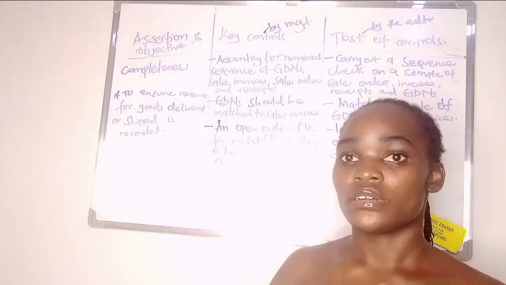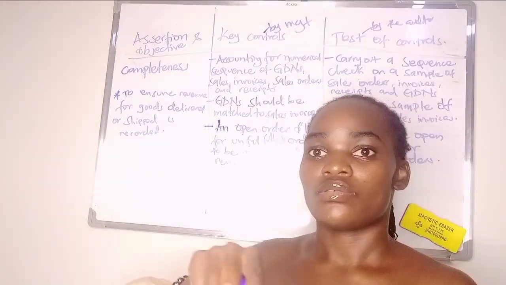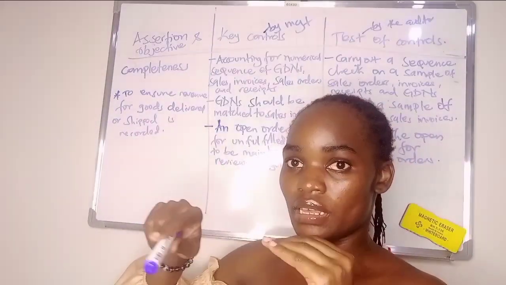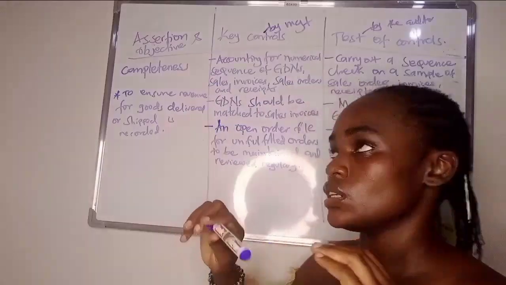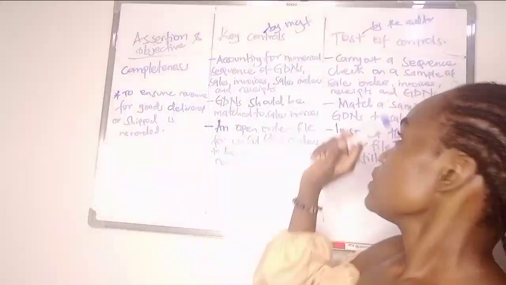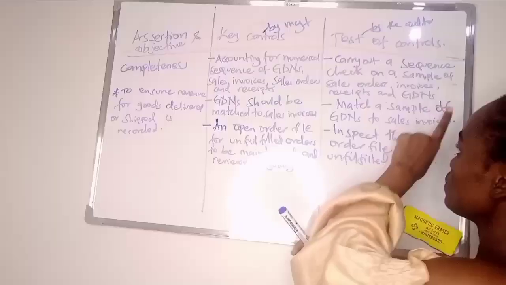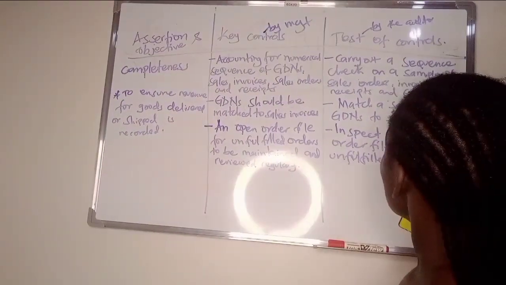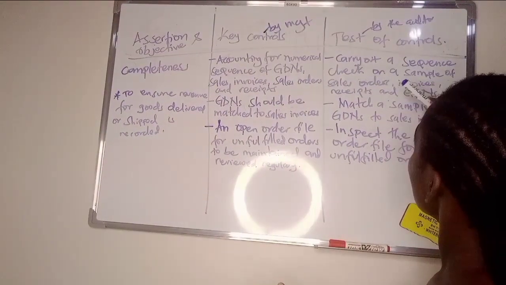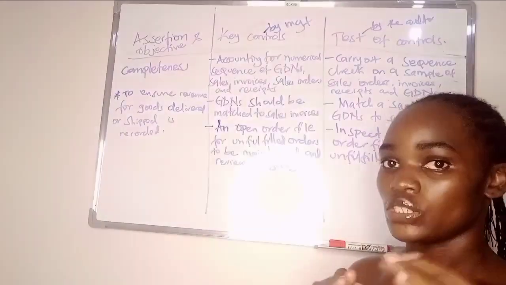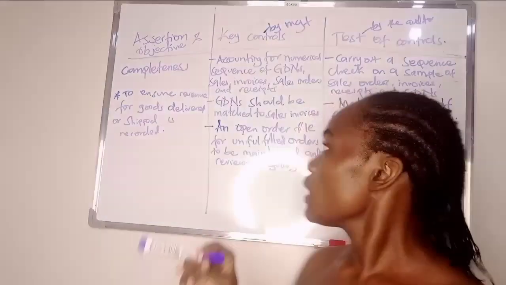Yeah, to see if sales invoice 001 is matching with the sales order 001, things like that. So that's how the auditor can test this kind of control. Just select a sample and then carry out a sequence check on a sample of sales order, invoice, receipt, and then GDNs. That's how that particular control can be tested.